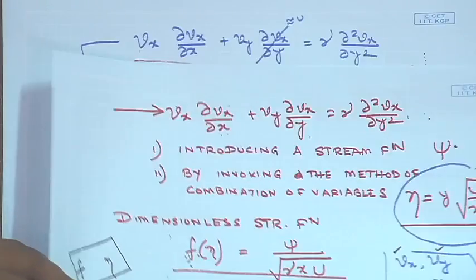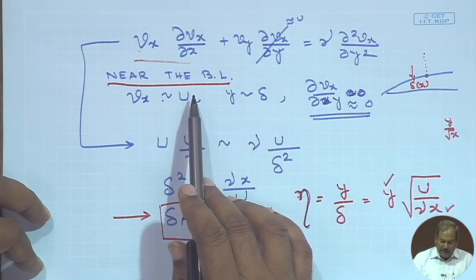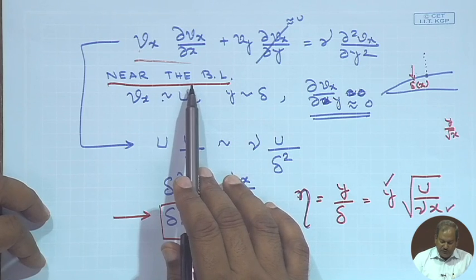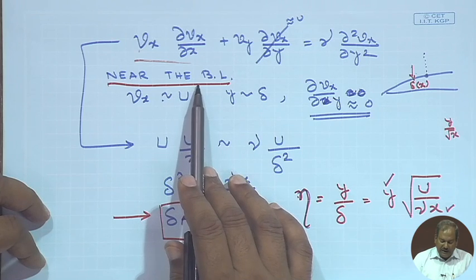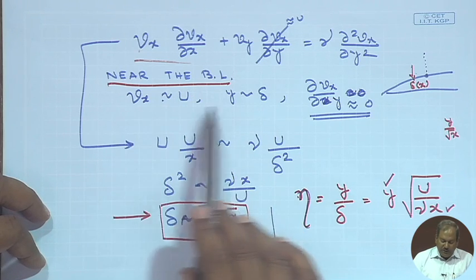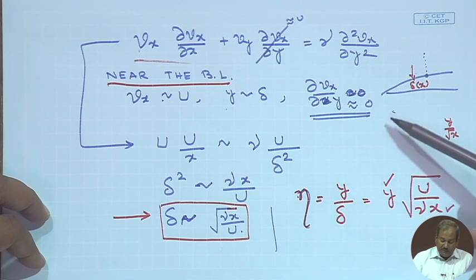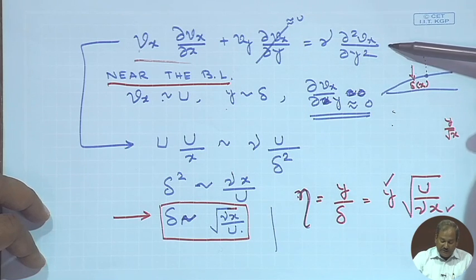This is what we have done in the previous class, based on an approximate solution of the equation near the edge of the boundary layer, where we have seen the orders of magnitude of these various terms.